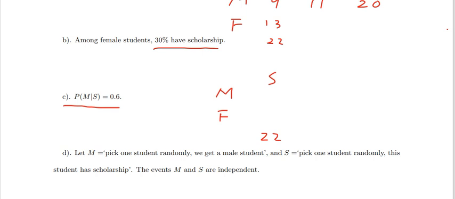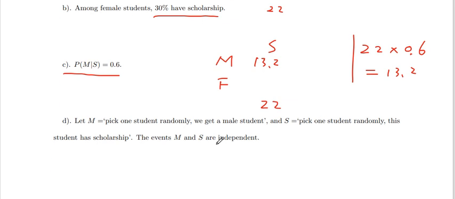So how many male got a scholarship? It should be 22 multiplied by 0.6. So this equals 13.2, right? So it cannot be 13.2 in reality, but mathematically we just do this. If we have 13.2, then we can figure out this table, right?